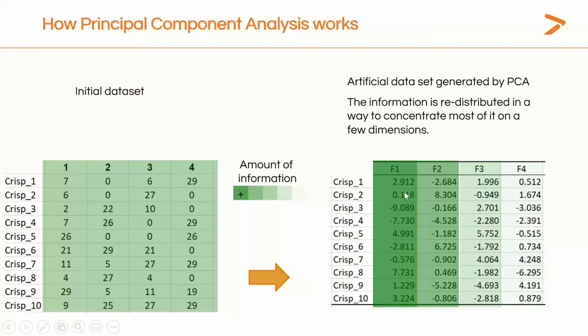So now if I draw a scatter plot out of F1 and F2, I will have a vision of a big amount of information from the initial data set, and I will be able to have a nice interpretation of the interrelationships in preference. If you want to have more information to go deeper into PCA, I would suggest watching the webinar on clustering and exploring data available on our website.